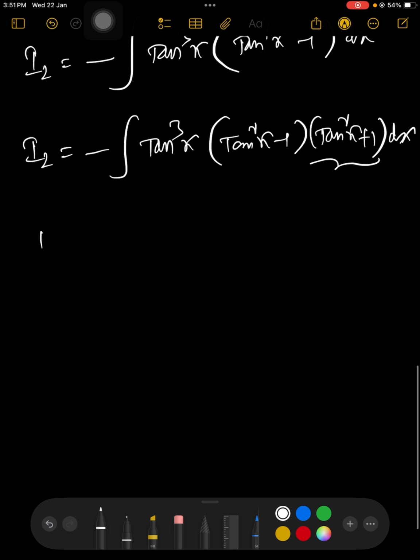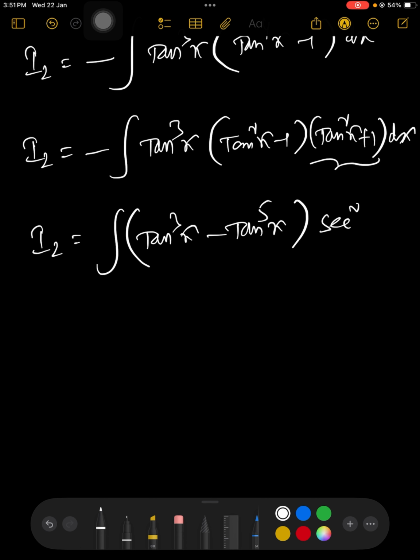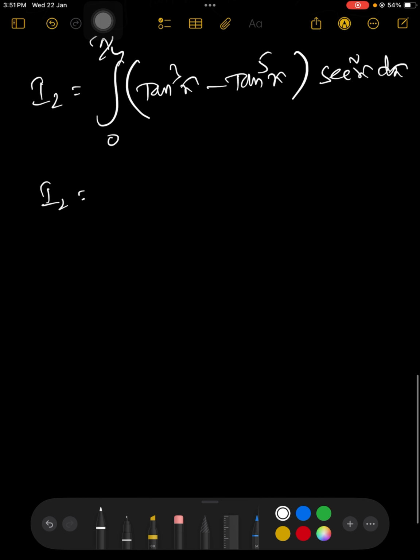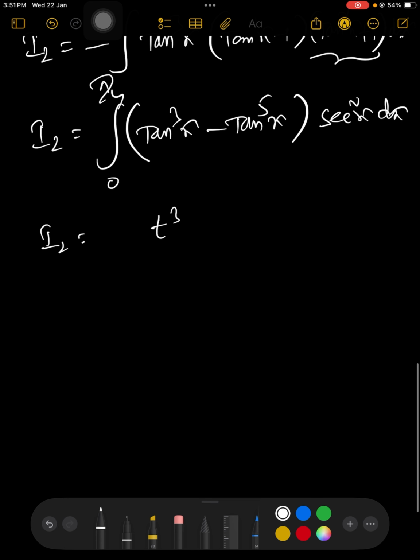1 is nothing but secant square x, so that it is like tan cube x minus tan power 5x into secant square x dx, and the boundaries are from 0 to pi by 4, so that here it is like again t cube minus t power 5 dt.